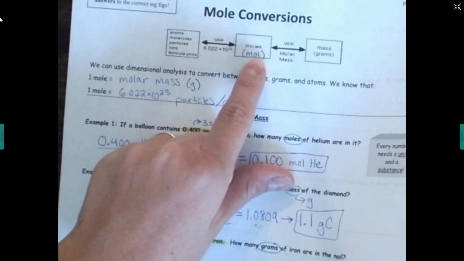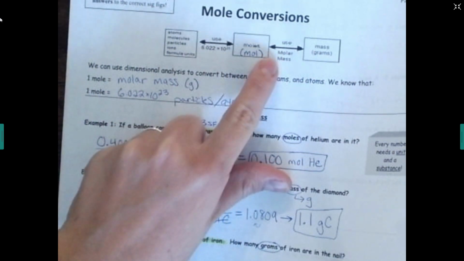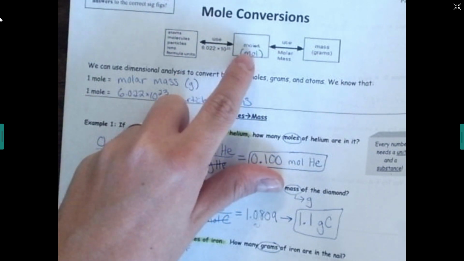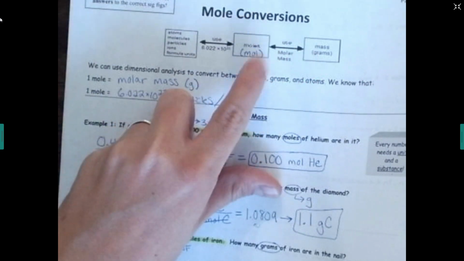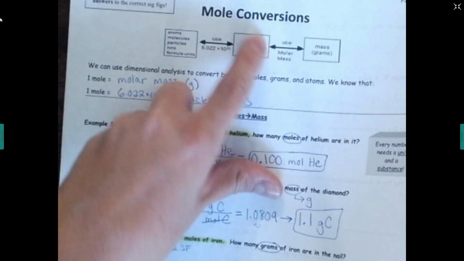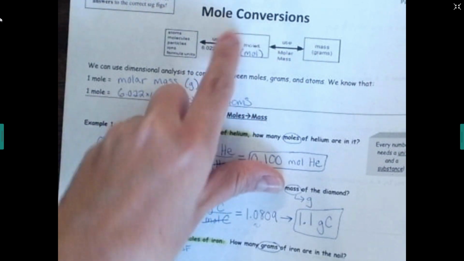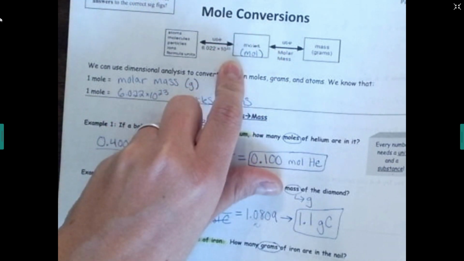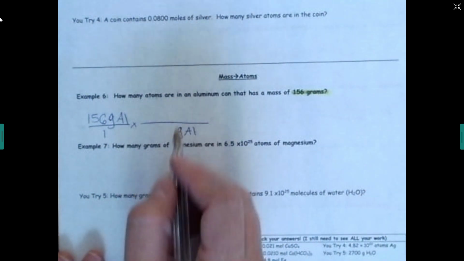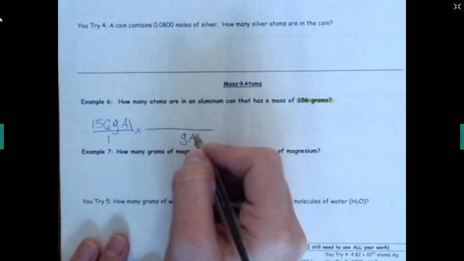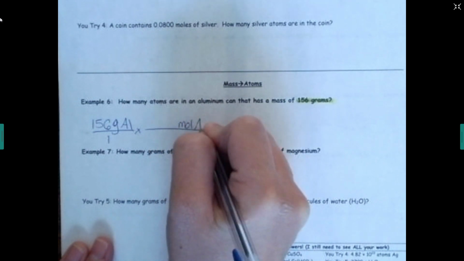It's like when you're on a flight and you have to have a layover. Like if I want to fly to Paris, I can't get to Paris without going through maybe like New York City. So this is like my layover. I got to go to the mole airport before I can go to my final destination. Sorry, that analogy is maybe not great, but so I got to go to moles of aluminum.